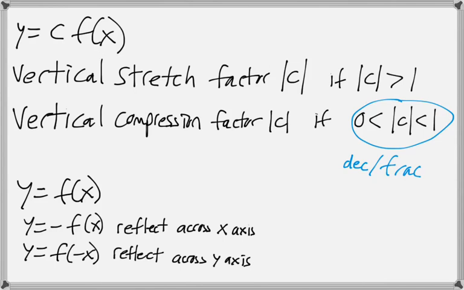And again, absolute value means we ignore the negative sign. Although the negative sign is important for the next thing, which is reflection. So if you see a negative sign out in front of the function, it's going to reflect across the x-axis. If you see a negative sign on the inside of the function, it's going to reflect across the y-axis.